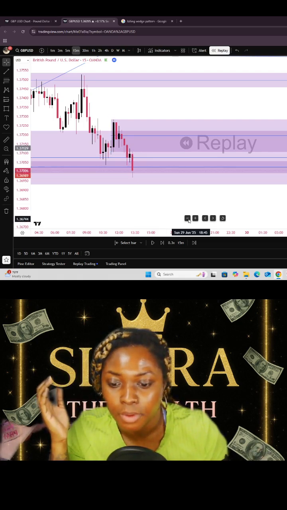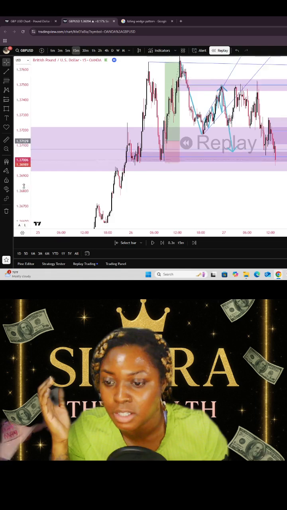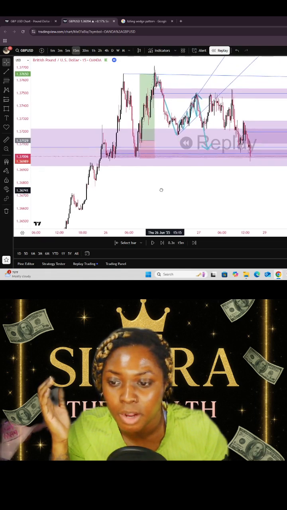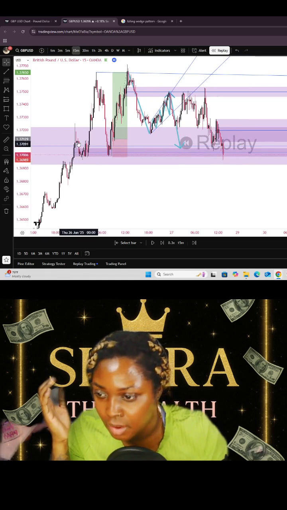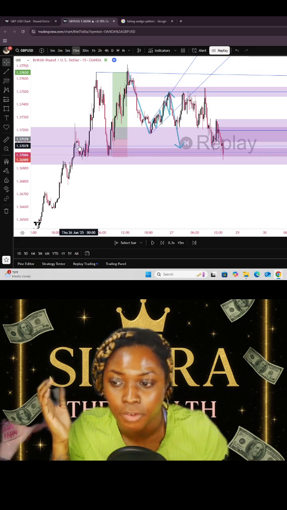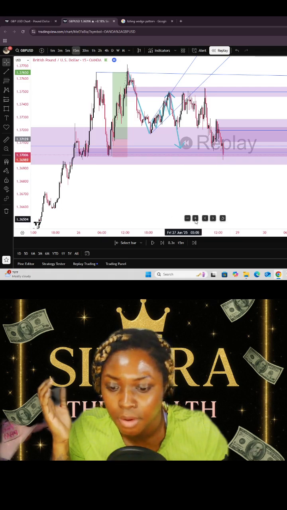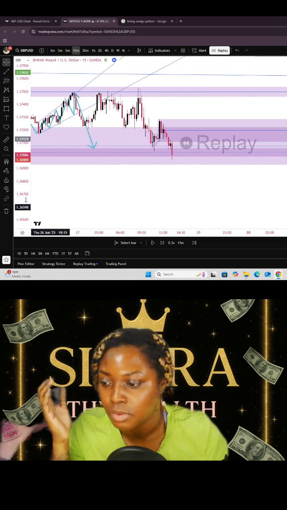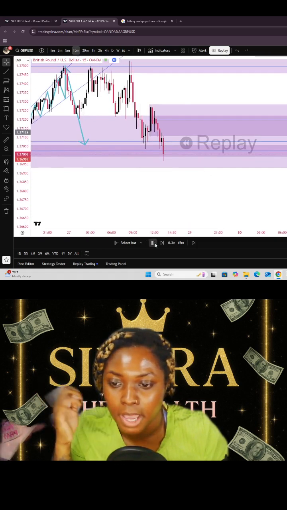So now I can come back over here to the left and I'm like, okay, I got an evening star here on this zone once before, which was one confluence. Now price is back at my zone and price has closed underneath my zone. That's two confluences. We're going to press play.